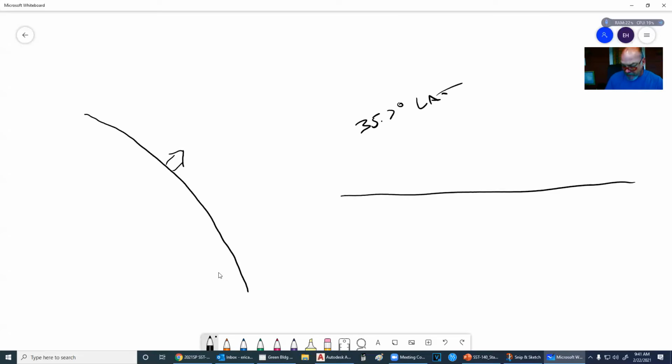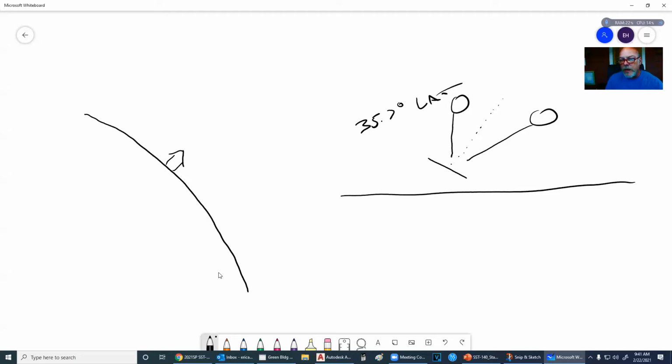So when we put up our solar, that is the angle to the Earth that we want to have. Okay, so if we get 35.7, that means that in the wintertime when the sun is down low and in the summertime when the sun is up high, we are somewhere right there in the middle.